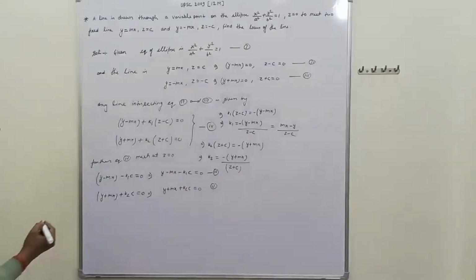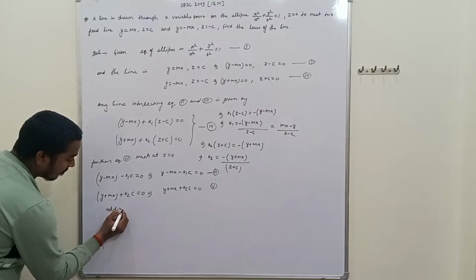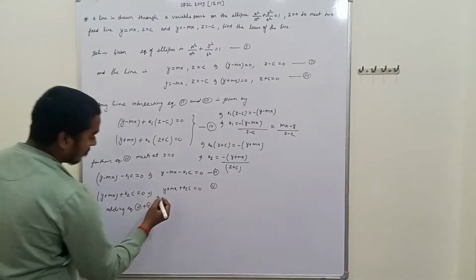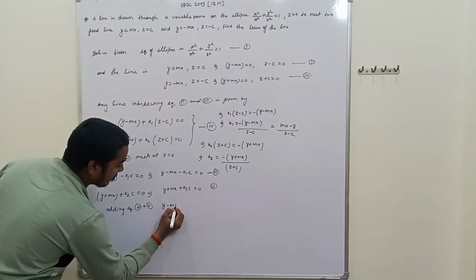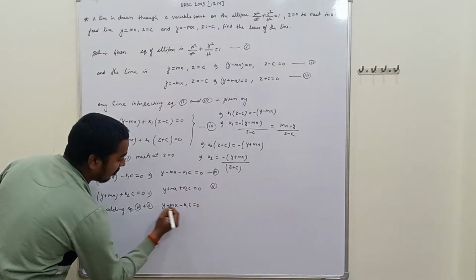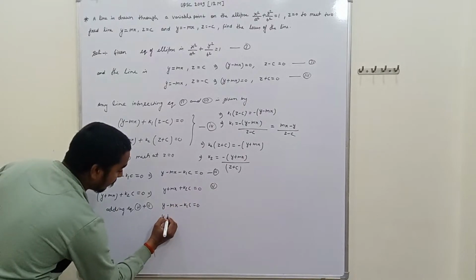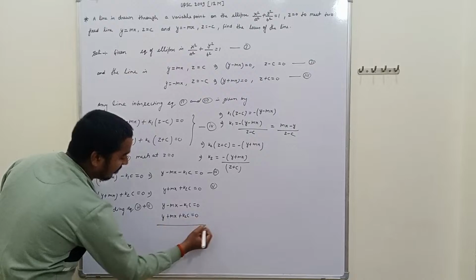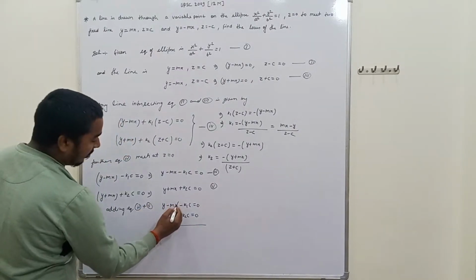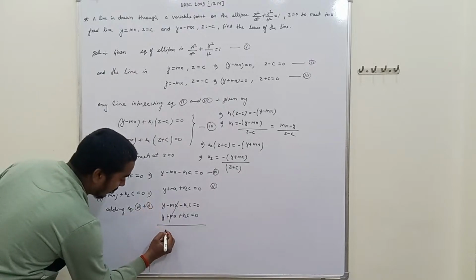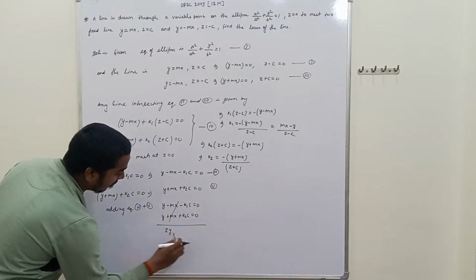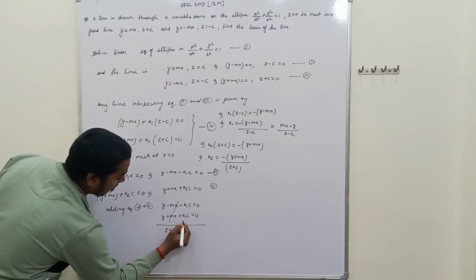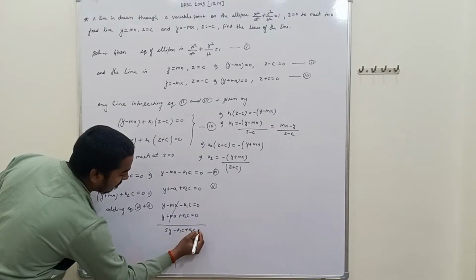Then further, adding equation 4 and 5, minus mx and plus mx cancel out, and plus y and plus y gives 2y. So 2y is equal to minus k1c and plus k2c is equal to 0.